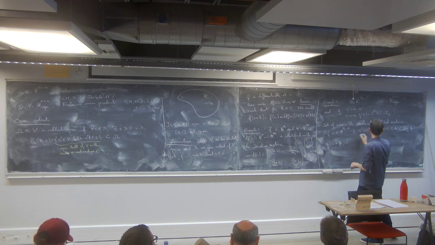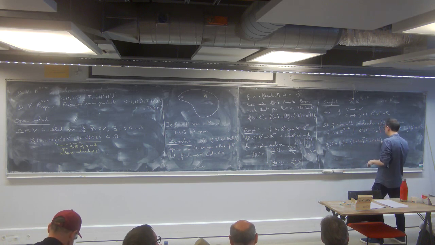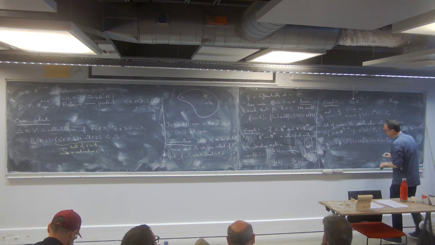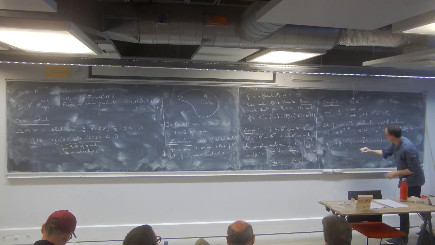So it's (C plus delta C) transpose S (C plus delta C) minus identity. I expand that using the bilinearity.